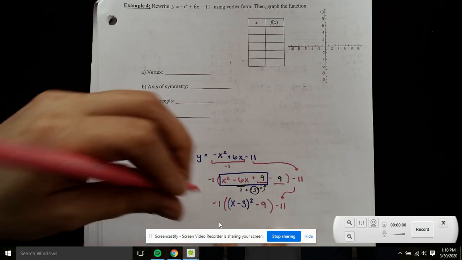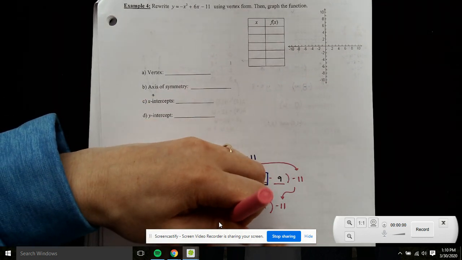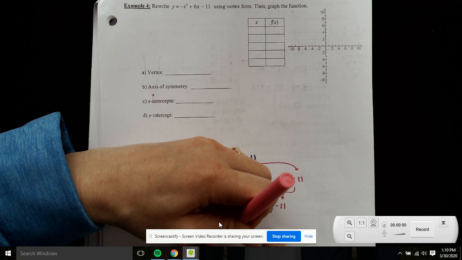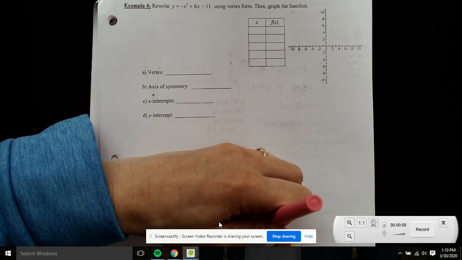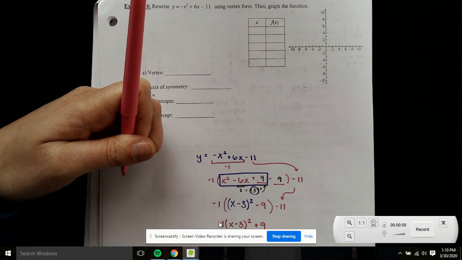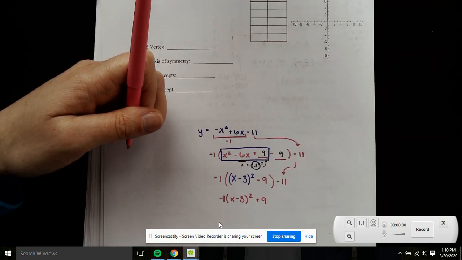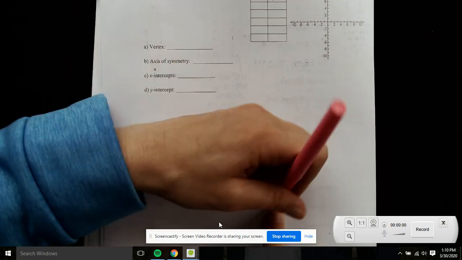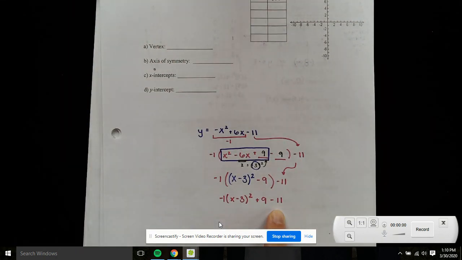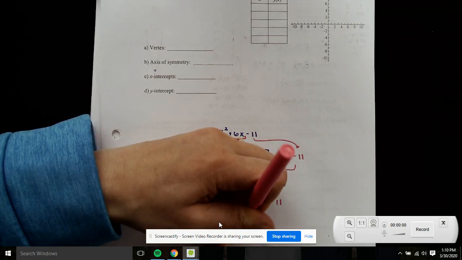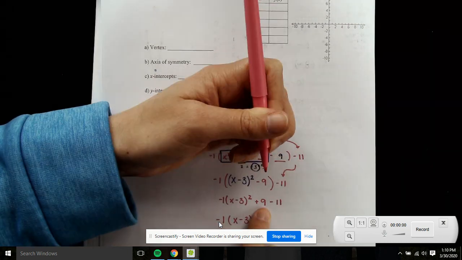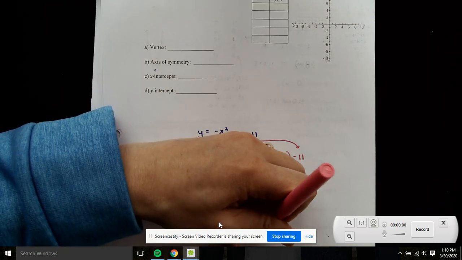Now I'm going to distribute that negative 1. So I've got negative 1 times x minus 3 squared, and this turns into positive 9. Now it's broken outside of these parentheses, and I have this negative 11 out on the outside. So in total, I've got negative 1 times x minus 3 squared. 9 minus 11 is negative 2.